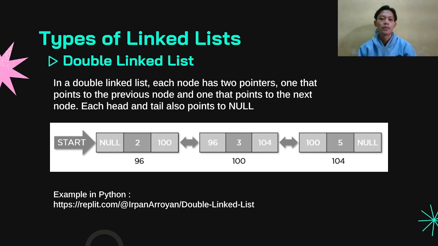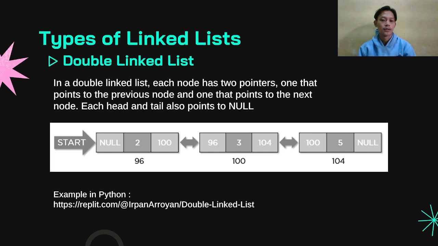Next, double linked list. In a double linked list, each node has two pointers, one that points to the previous node and one that points to the next node. Each head and tail also point to null.